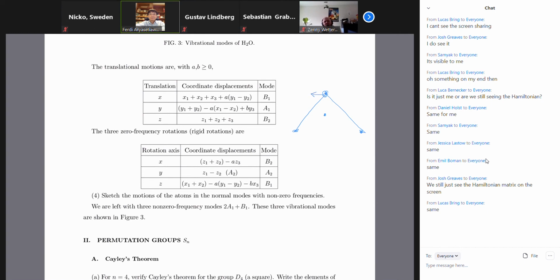It's not a very nice picture here, let me make it nicer, a bit more even, symmetrical, like that. Then it's perpendicular to that one, goes like that.